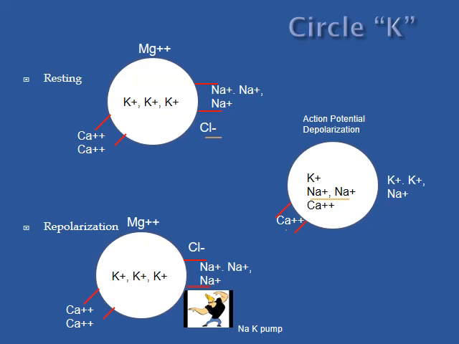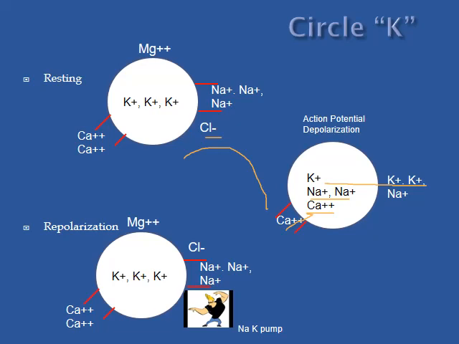And when sodium moves in, so does calcium. When sodium and calcium move inside a cell, potassium moves outside the cell. And this is action potential or depolarization. And it leapfrogs. We go from here to leapfrog to here.